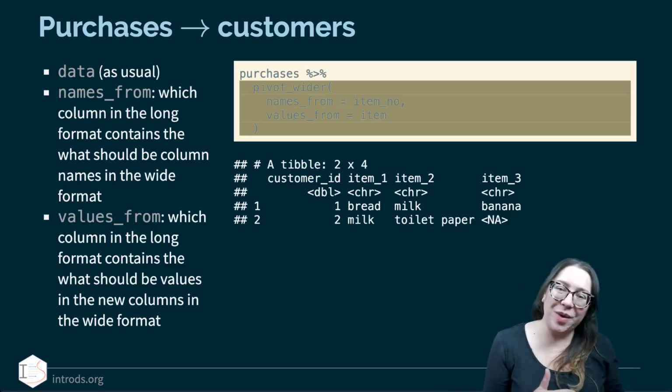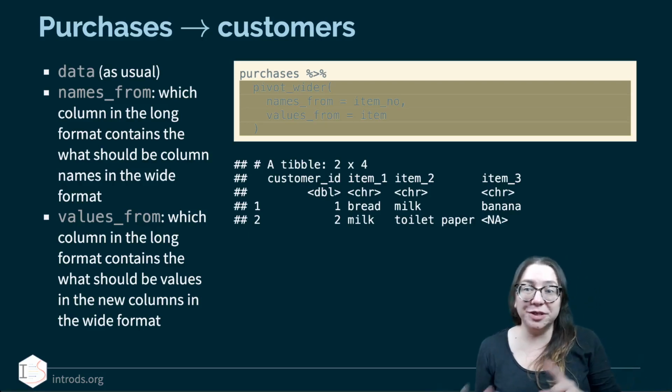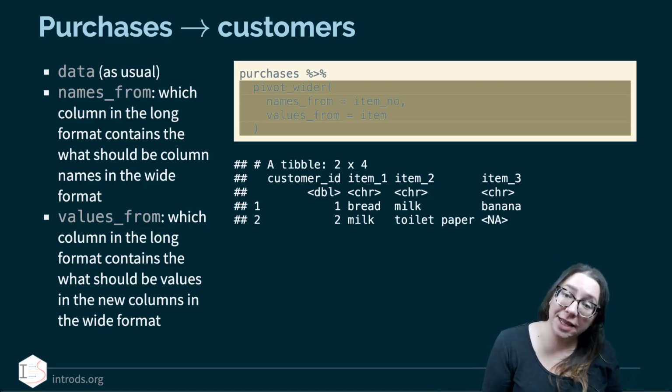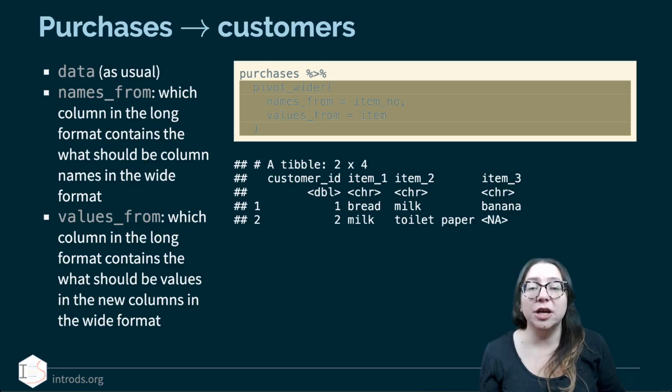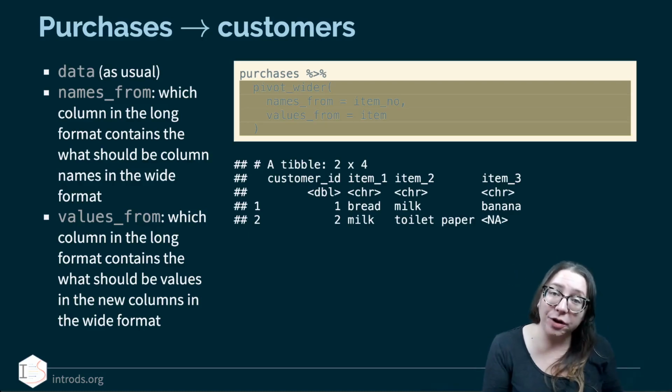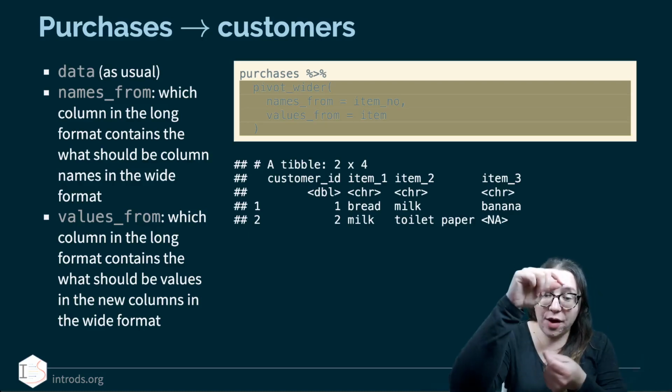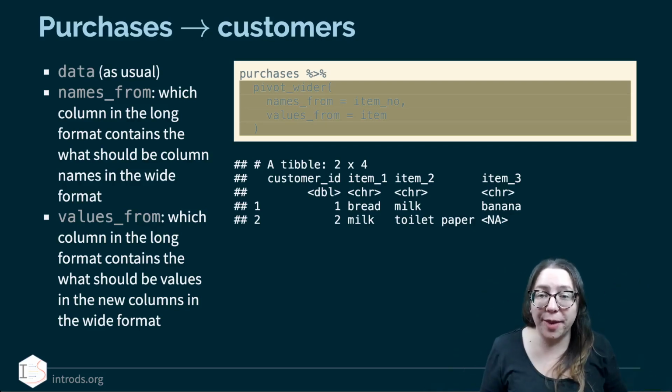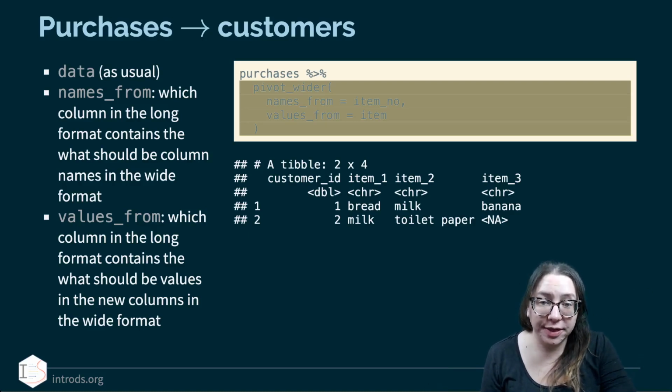Just like I went from customers to purchases, I can now take this purchases data frame that I created and go back to customers. So I did the pivot longer action to go one way, and now I can do pivot wider to go back. The first argument is going to be the data as usual, which basically gets captured using the pipe operator.